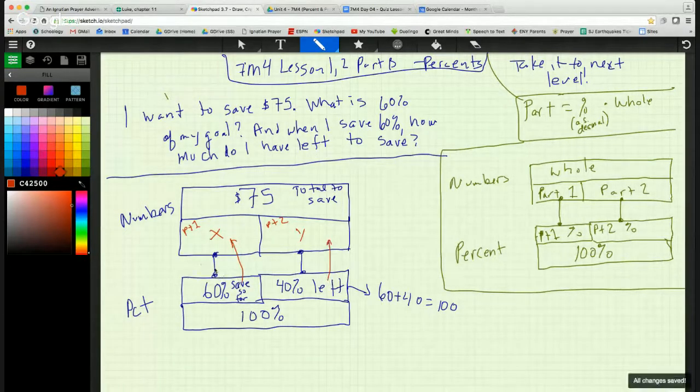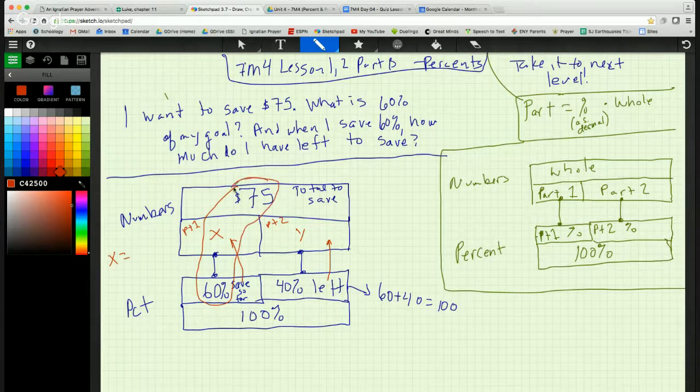So my part X is equal to, right here, 60% times my whole. I have an equation right here, and I have another equation right here. Just one of those equations is all we really need, and you'll see why in a second.